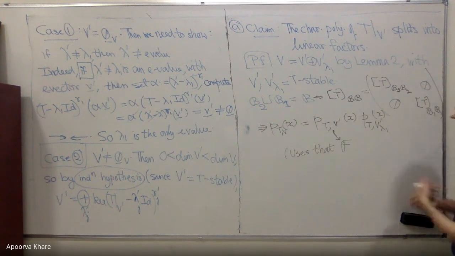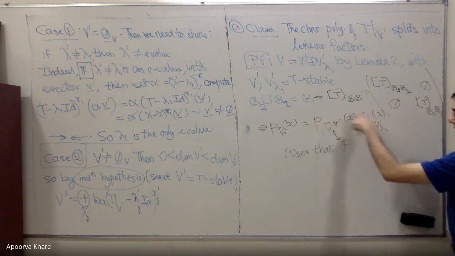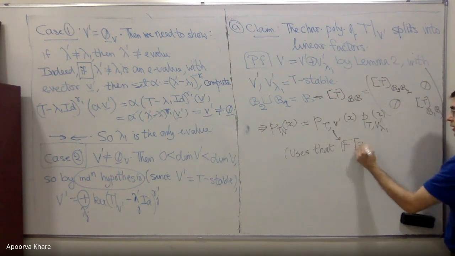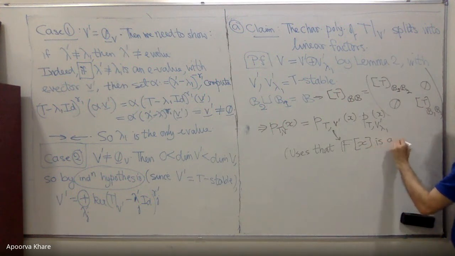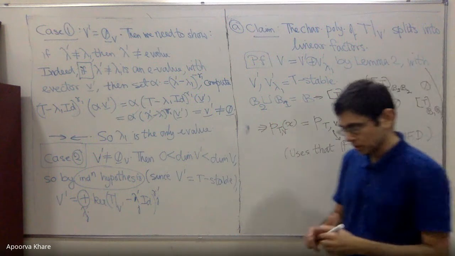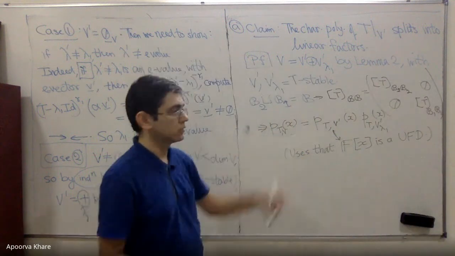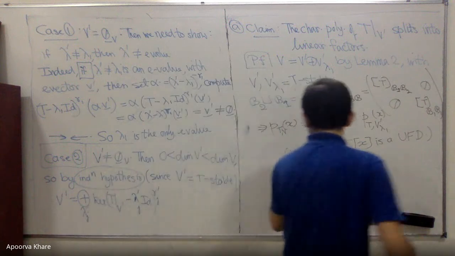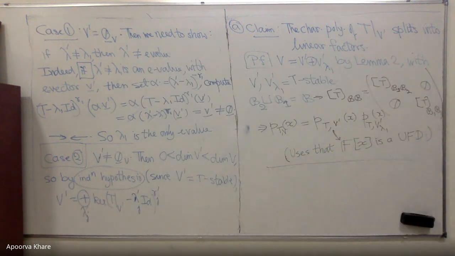Linear factors are prime, so this must be a product of linear factors, and so must this be. I will just write down the technical term here, and for those of you who are interested, you might check out Wikipedia or some books. Of course, some of you already know what this is. Okay, so that's the proof of the claim, and as a result, you can apply the induction hypothesis.